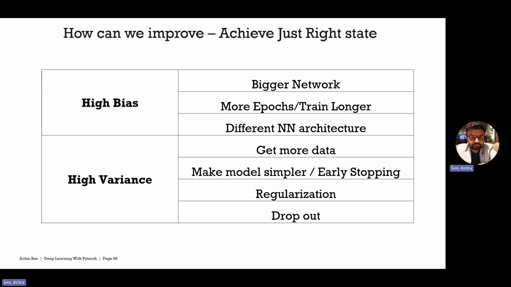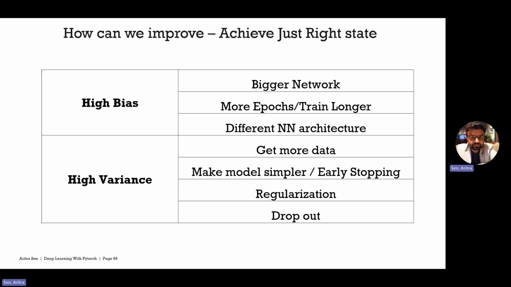Okay, so how can we achieve this? Just to restate, if you have a high bias problem, then these are a few solutions you can try. You can have a bigger network where you increase the number of hidden layers and the number of nodes in each of the hidden layers. You try with more epochs and train longer, to find results which are optimal on the training data set.